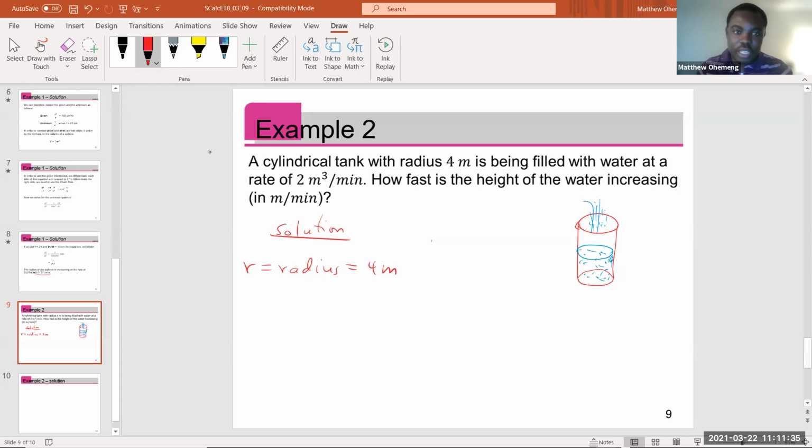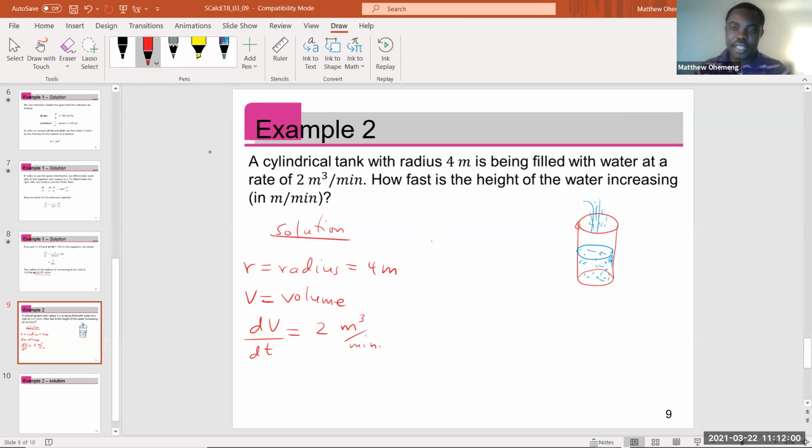It's being filled with water at this rate, so that's the volume changing at 2 meter cube per minute. So if V is volume, then dV over dt is equal to 2 meter cube per minute.